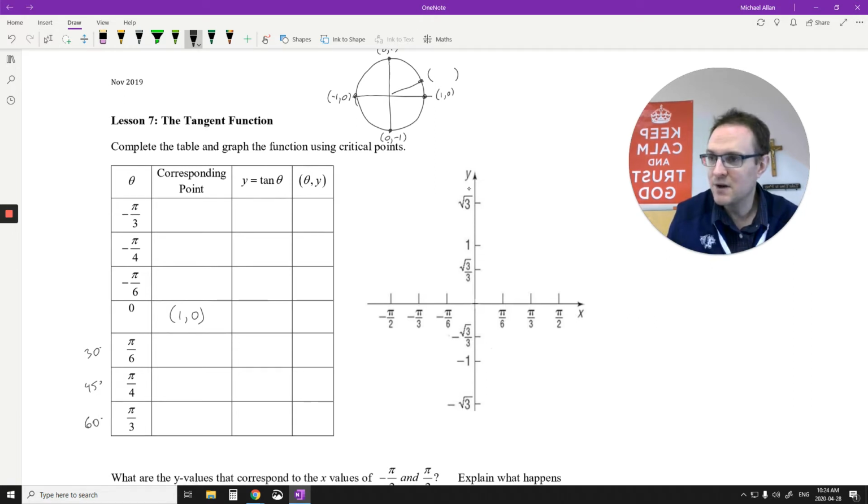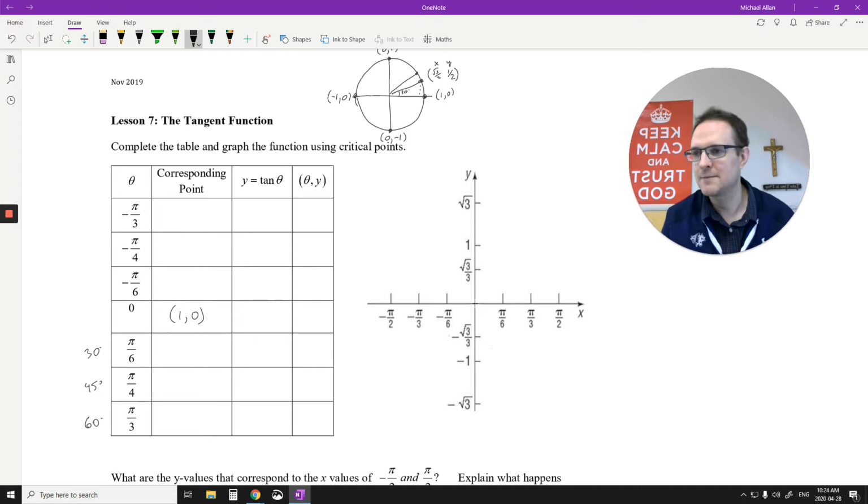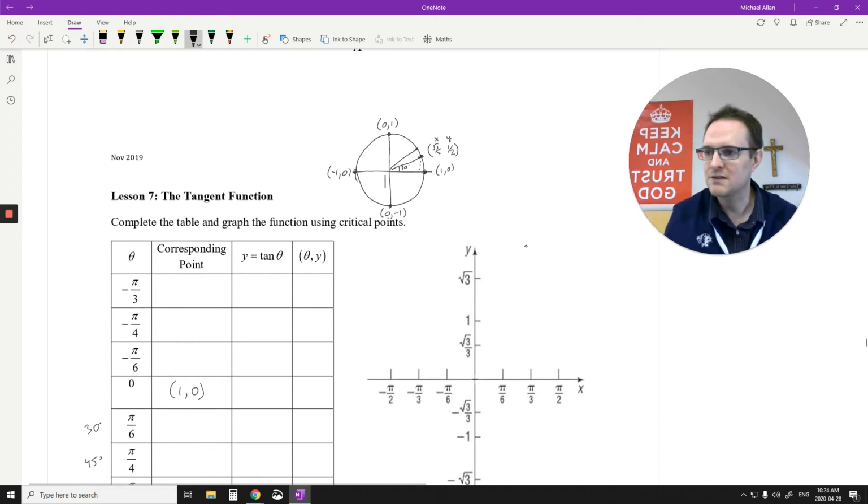At 30 degrees, remember our points represent (x, y). So if this is 30 degrees, or pi over 6, the shorter side is the y, so that's the half. The long side is root 3 over 2. At 45 degrees, this is going to be 1 over root 2, or root 2 over 2, up to you.